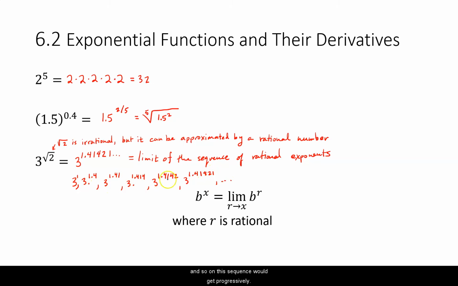This sequence would get progressively closer to the actual value of 3 raised to the square root of 2 power. So in a sense, we're defining the exponent b to the power of x as the limit as r approaches x of b to the power of r, where r is a rational number.